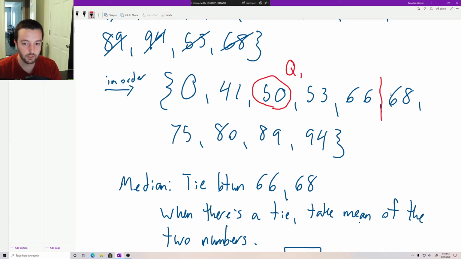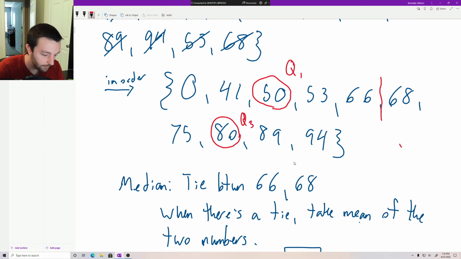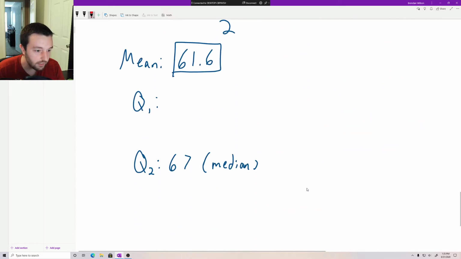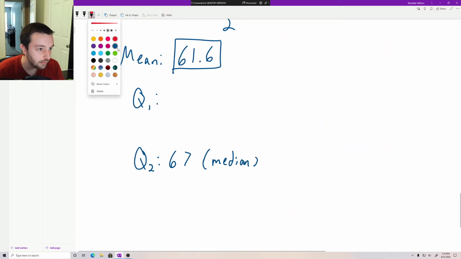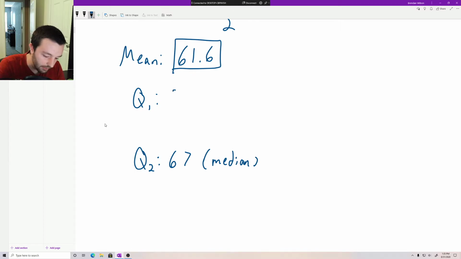So we are going to look for the middle number of this second half of the data. So that's going to be the 80 here, right? We don't have any ties in this case. So this is Q3. So Q1 is 50 and Q3 is 80.